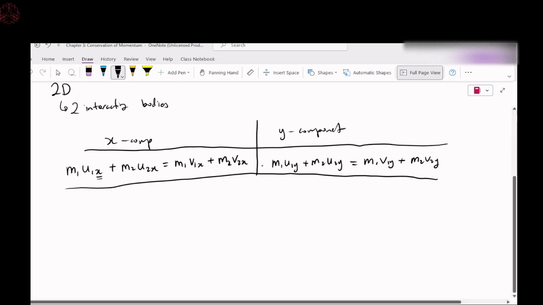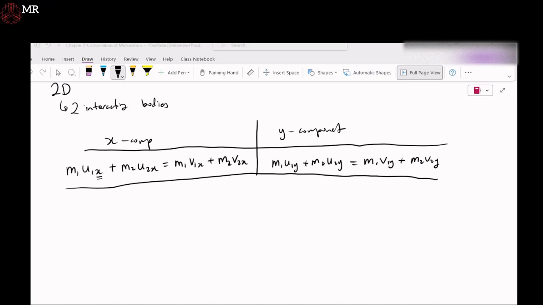If you were to combine them, for example if you want to know its final velocity, you will have to use Pythagoras theorem, where the resultant momentum is simply its momentum in x squared plus its momentum in y squared, then square rooted.